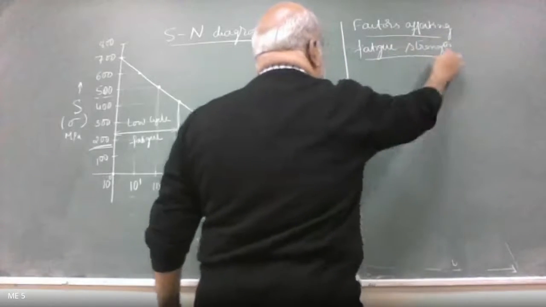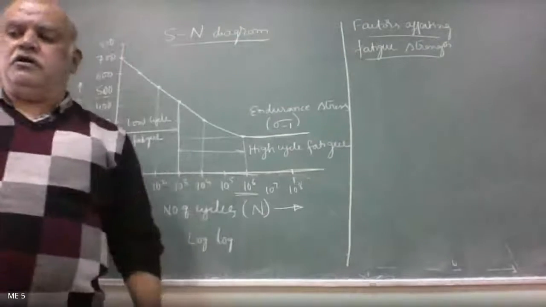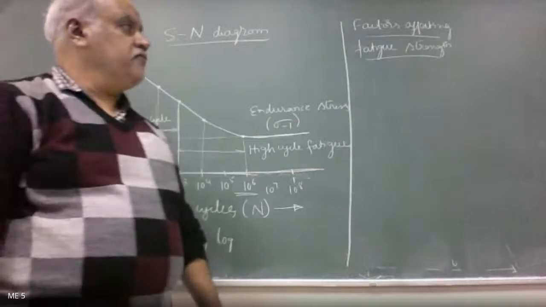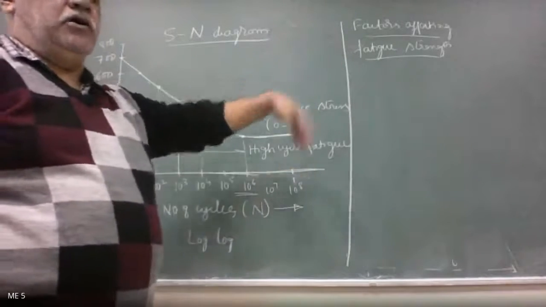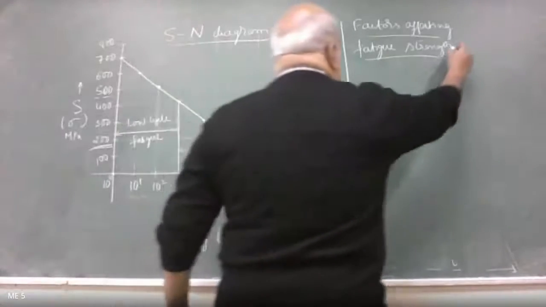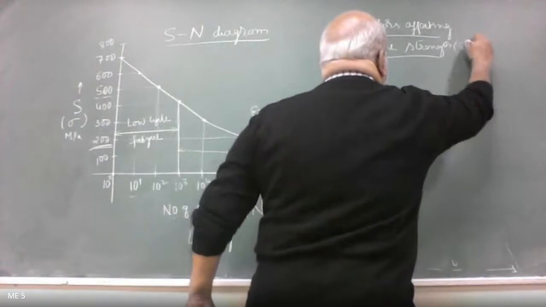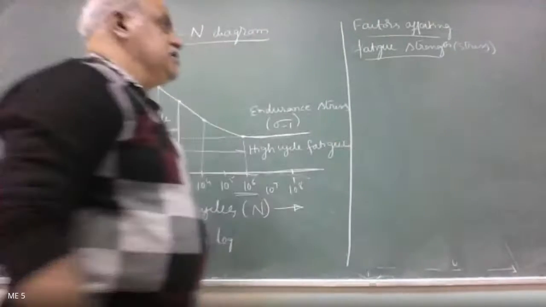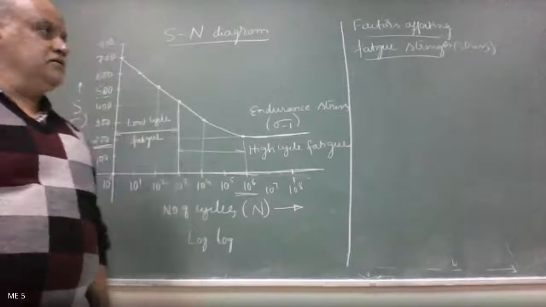Please note down factors affecting the endurance stress or fatigue strength or fatigue stress. They are all one and the same. Within elastic limits, we can use stress or strength as the same, right?